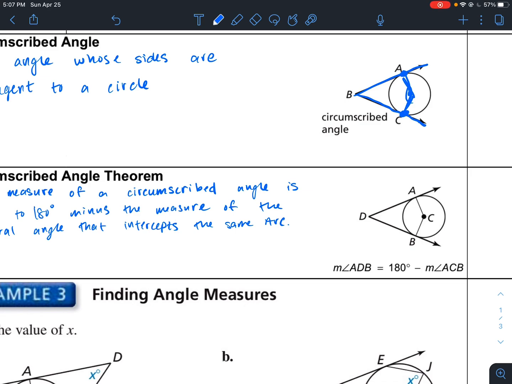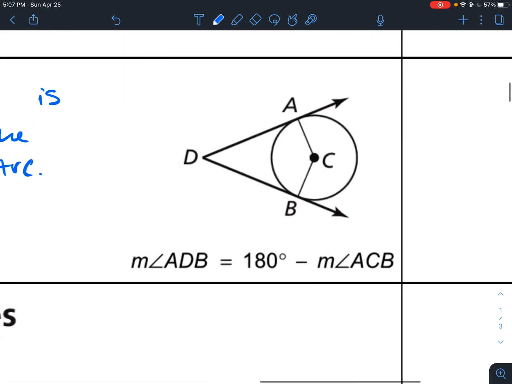This theorem basically says that if you have a circumscribed angle with the sides tangent to the circle, they intercept at points A and B, and this forms the central angle right here.